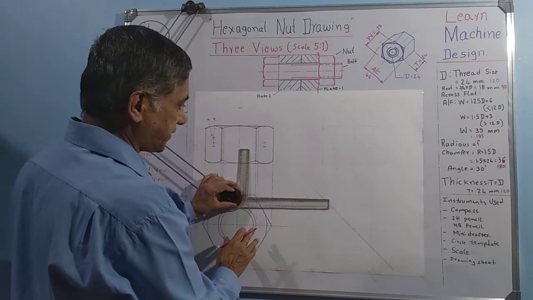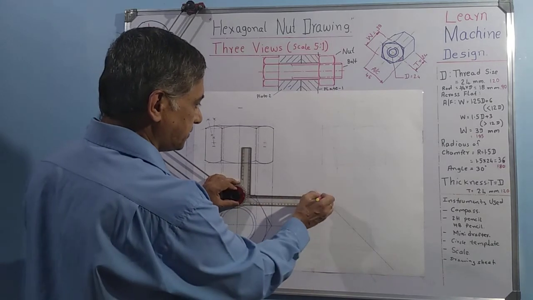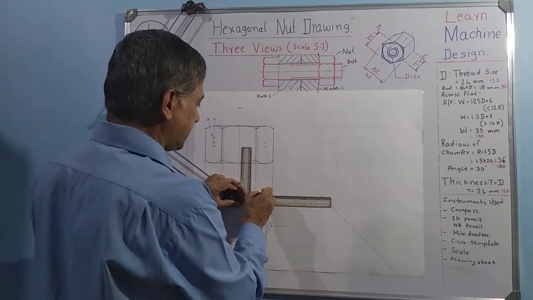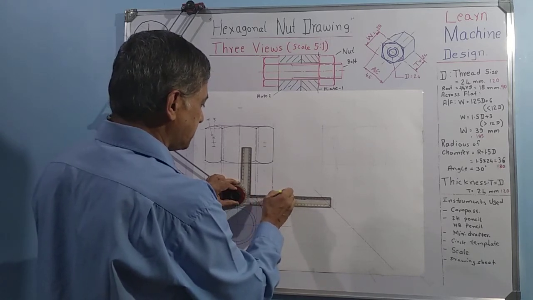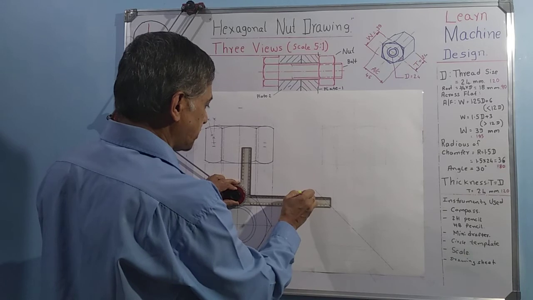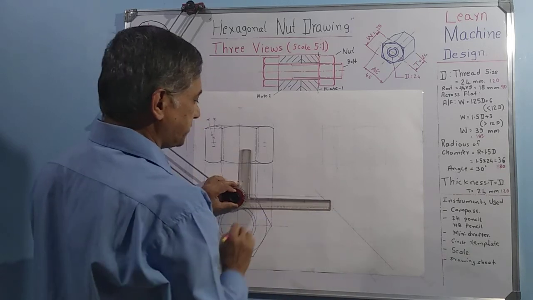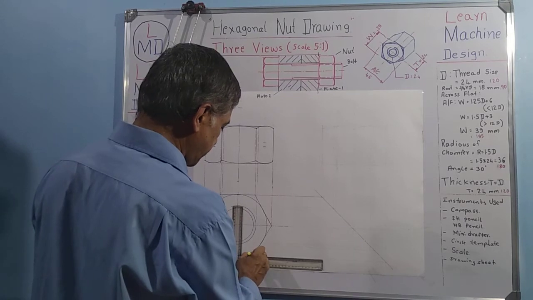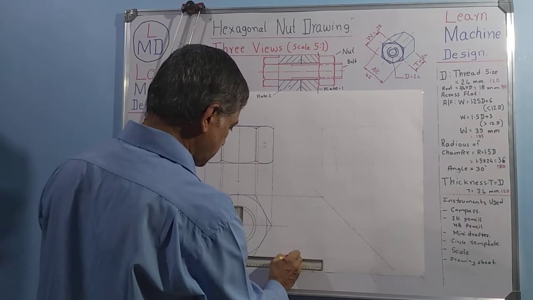Check it and transfer the line to this 45 degree line. And again it is a construction line only. Use a 2H pencil and do it. Bottom line and top line, both you have to extend like this.